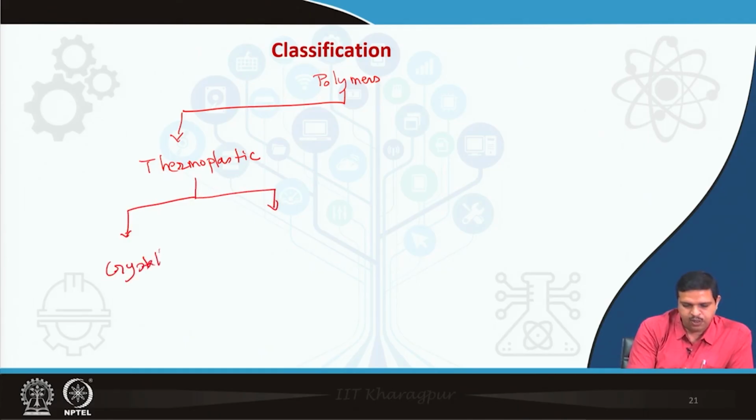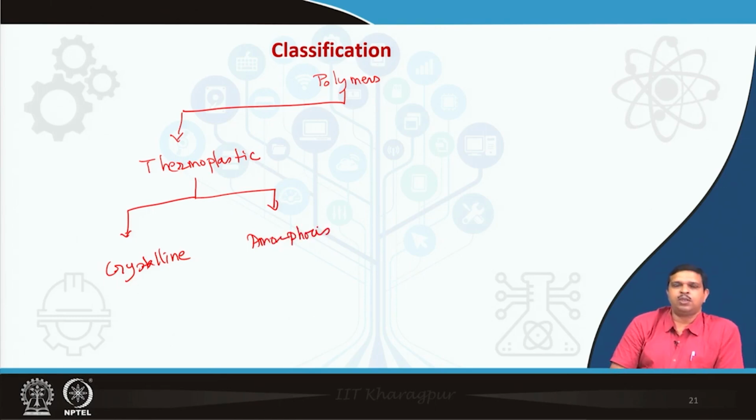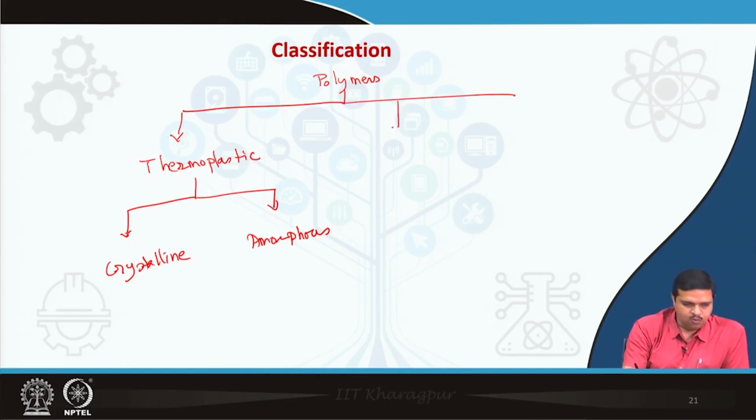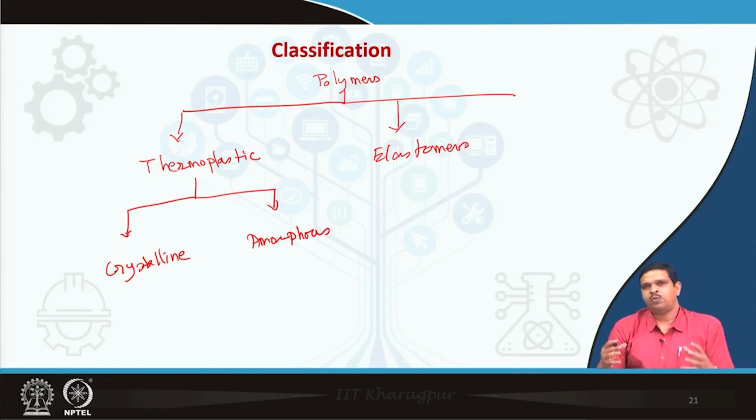So, you know the general formula of the polyolefin is this one, CH2-CHR. If we categorize strictly as a polyolefin, R should be an alkyl group. Okay. So, if R is alkyl, then it is strictly polyolefin. That is why I call them allied polymers.